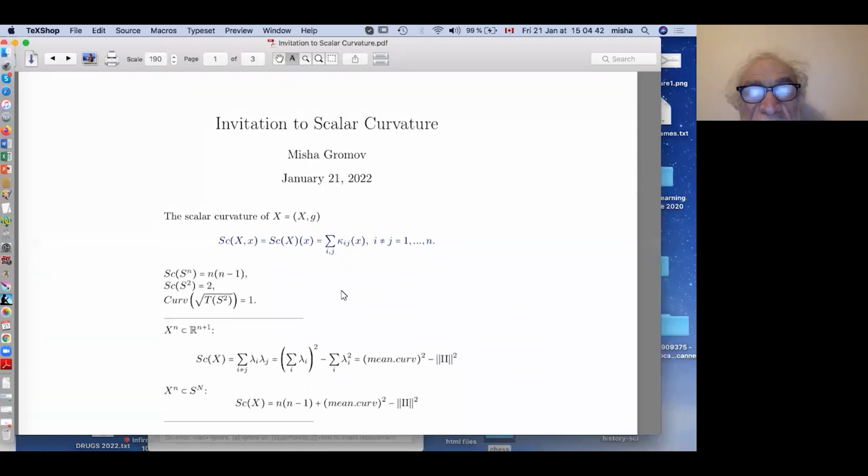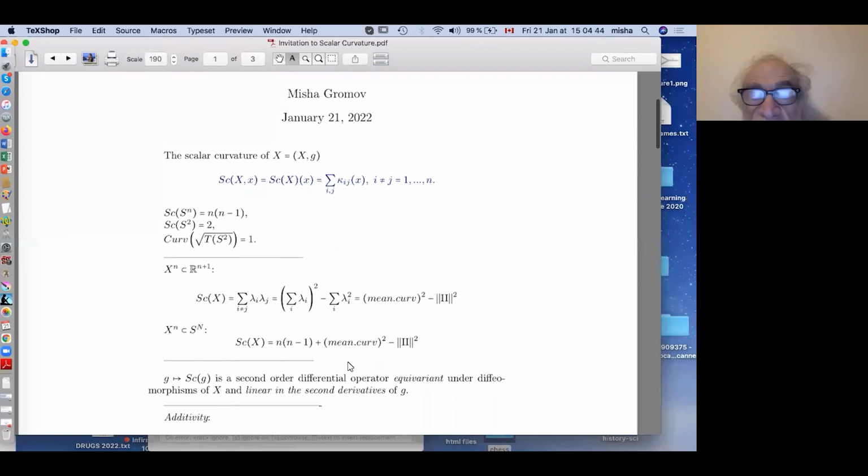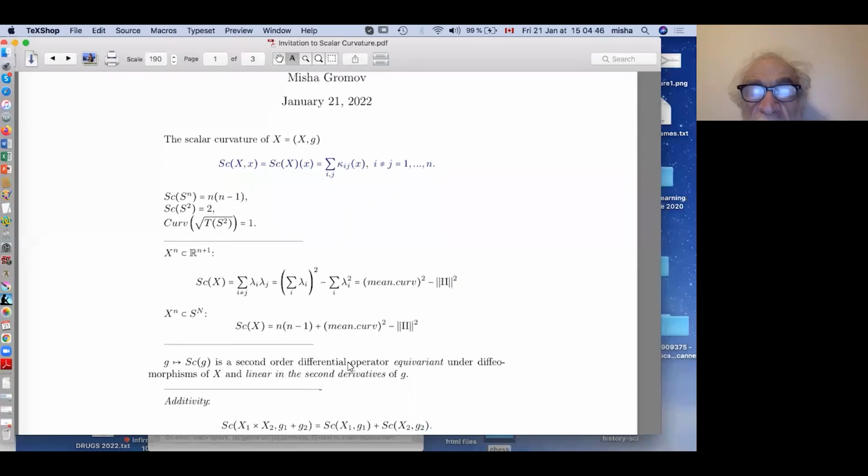And so, as a little exercise, if you have a hypersurface in Euclidean space, of course curvature in a Riemannian manifold is tricky, but if you have just a surface in dimension 3, you understand perfectly well.